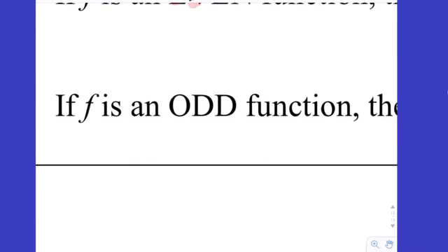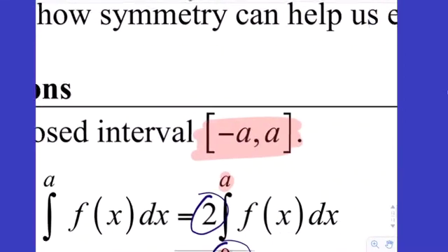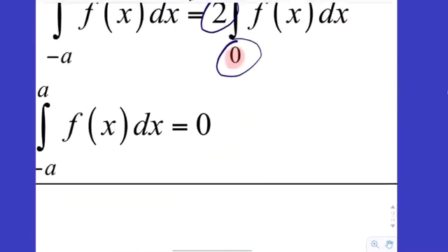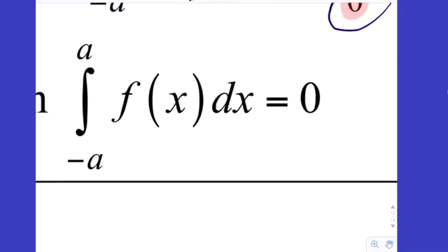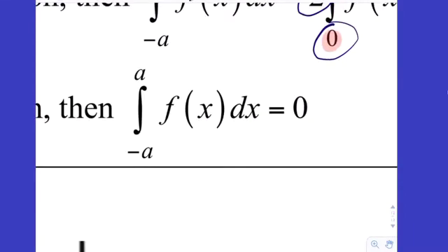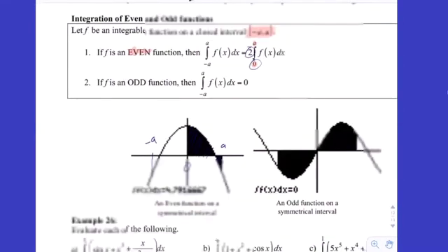If you know that your integrand is an odd function with origin symmetry, and again, you have to be integrating on a symmetric interval, then the integral from -a to a of your function is big fat nothing. It is 0. Because everything that you might have gained or lost from -a to 0, you're going to have the exact opposite from 0 to a, right?